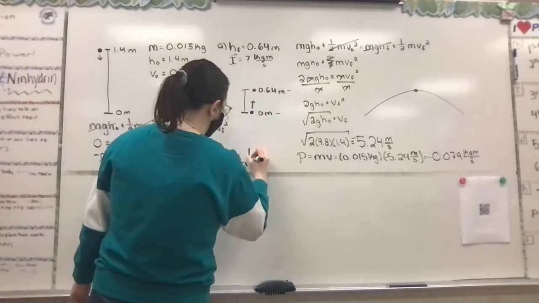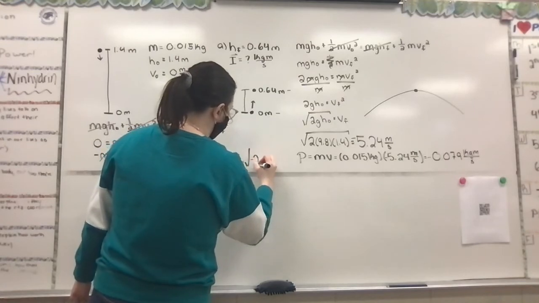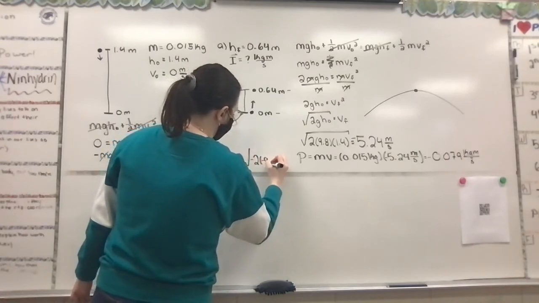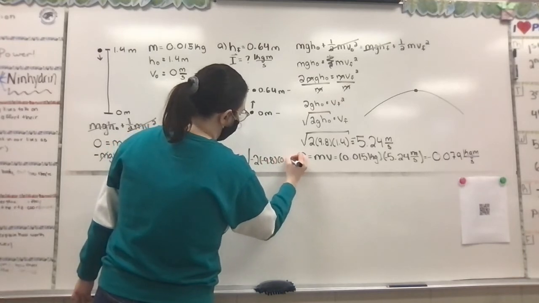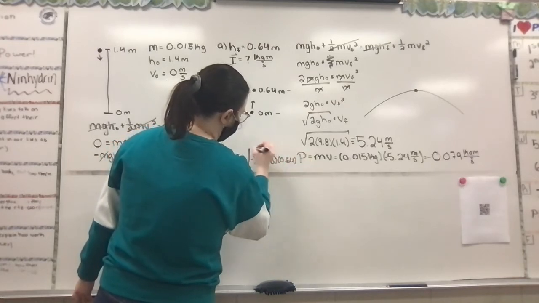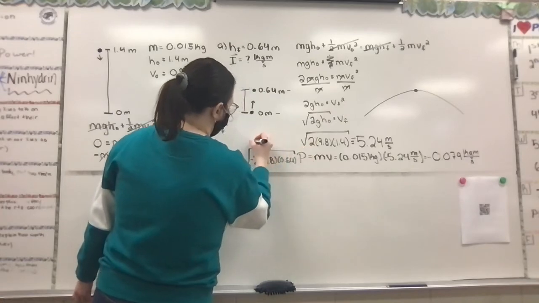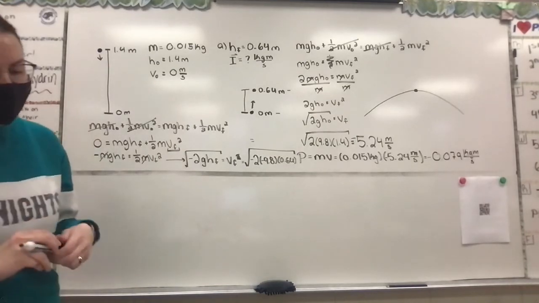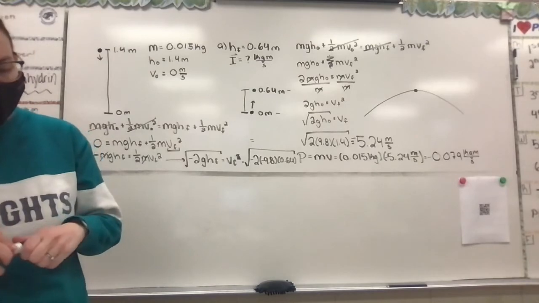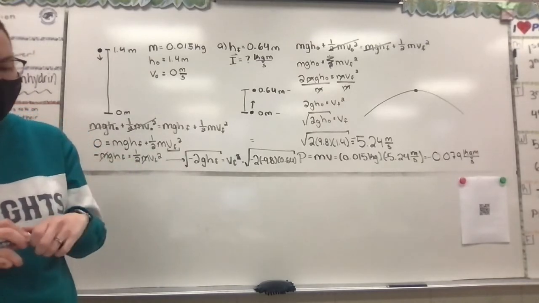So that means we're going to do square root of negative 2 times negative 9.8 times 0.64. And what you get here is going to be your actual answer for this part, for the velocity, because then we have to get the momentum.